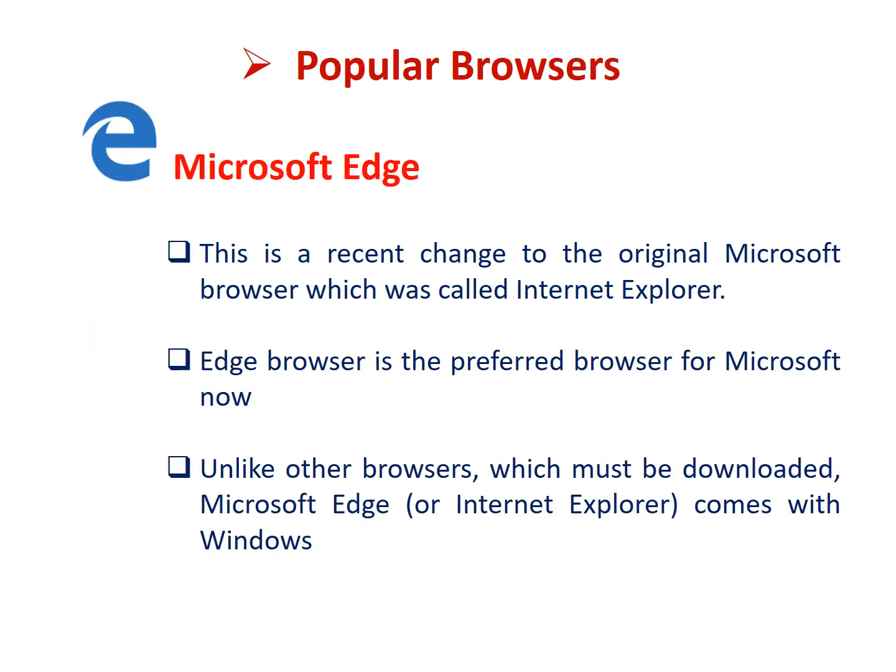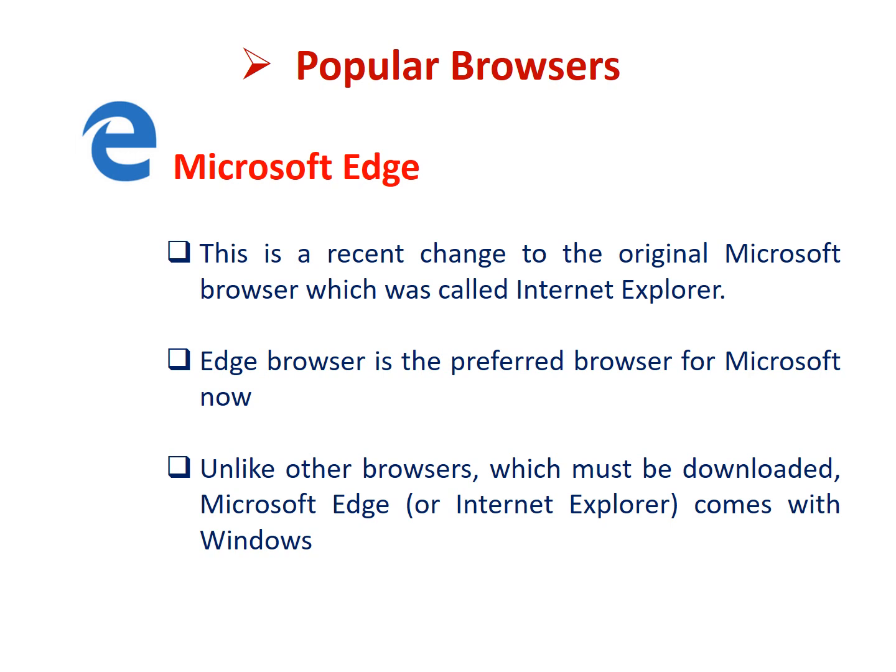Then we have popular browsers. One, we may say the latest one, is Microsoft Edge. This is the advancement of the already available Internet Explorer browser of Microsoft. This Edge browser, nowadays, has been found to be a preferred browser for Microsoft users.